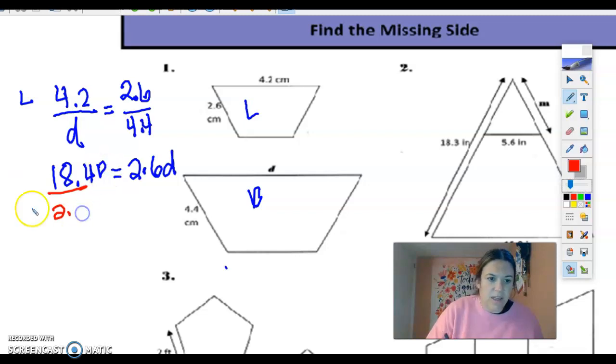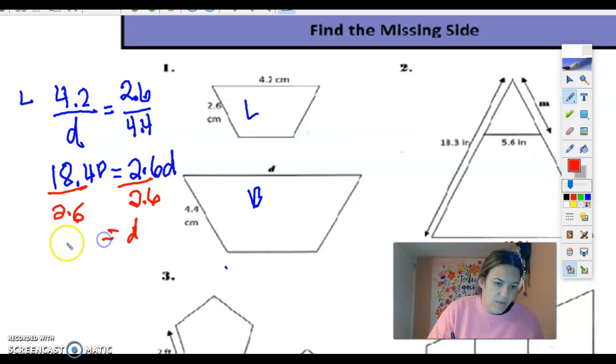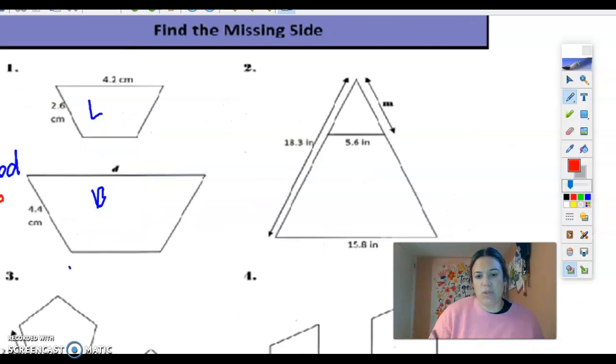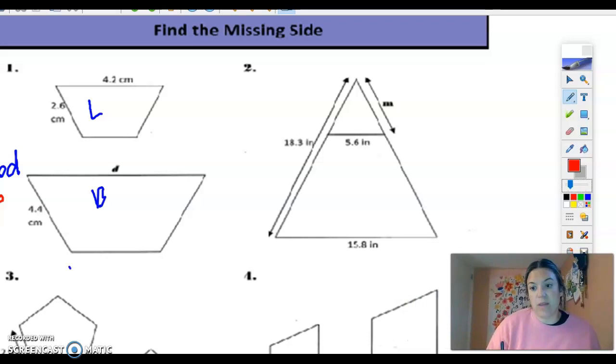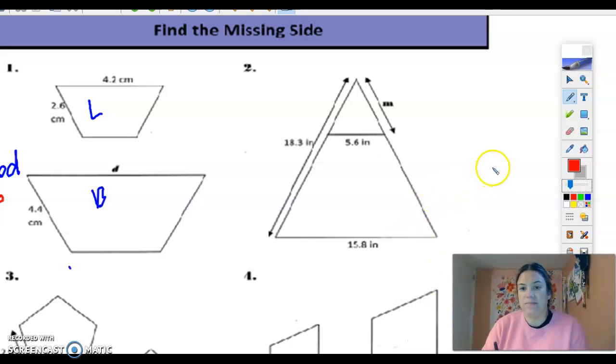And that will be that D is equal to 7.1. We'll round it to the nearest tenths place. All right, so set up a proportion for the missing side and then solve that proportion. Try number 2, so pause here, try number 2, and then I'll have the answer when you come back.